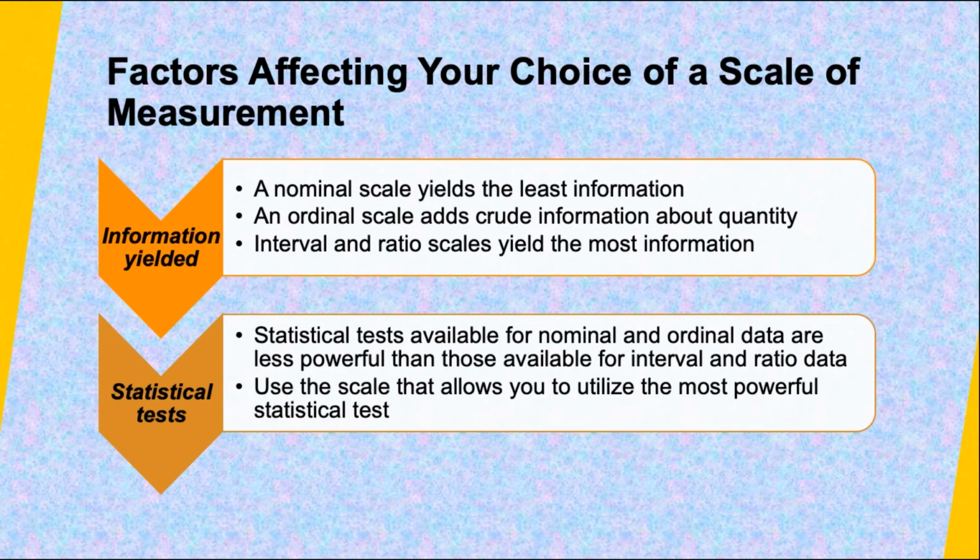Typically, the statistics for nominal and ordinal data are less powerful, for example, less sensitive to a relationship among variables, than the statistics used for interval or ratio data. On a practical level, this means you are less likely to detect a statistically significant relationship among variables when using nominal and/or ordinal scales of measurement.